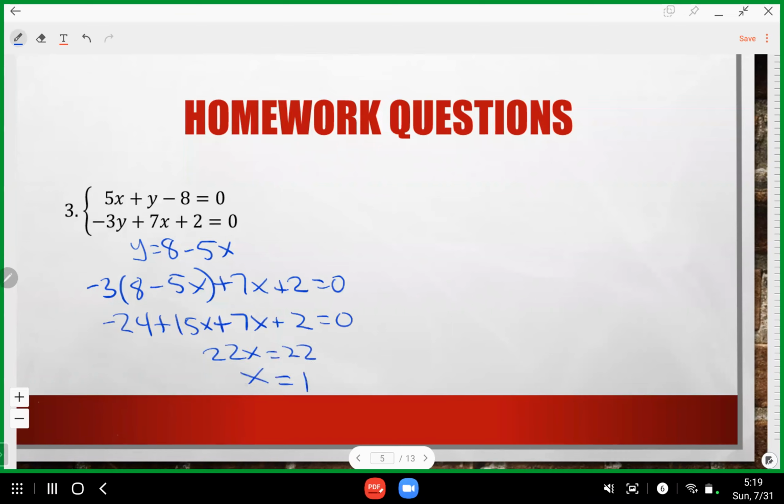After that, I plugged 1 into every x in the first equation. So I got 5 plus y minus 8 equals 0. And after that, I got 5 plus y equals 8. So y equals 3. So x is equal to 1 and y is equal to 3.